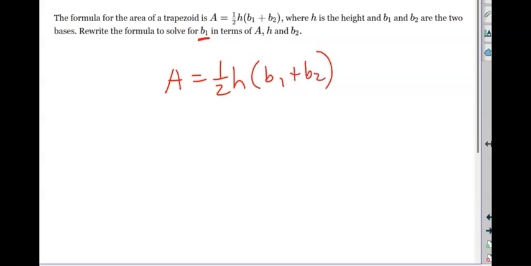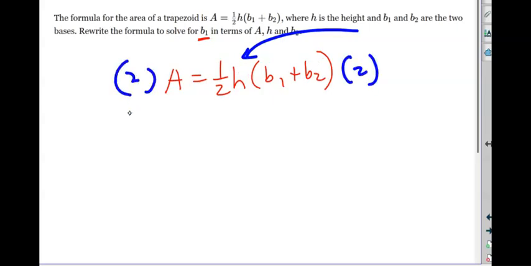So the first thing I'm going to do is remove the math outside of these parentheses. So to remove a fraction, I multiply by its reciprocal. So I'm going to multiply both sides by 2. When I do that, the fraction will disappear.